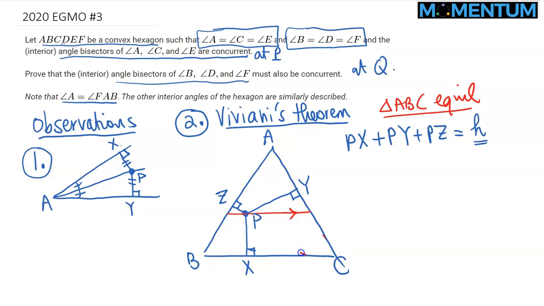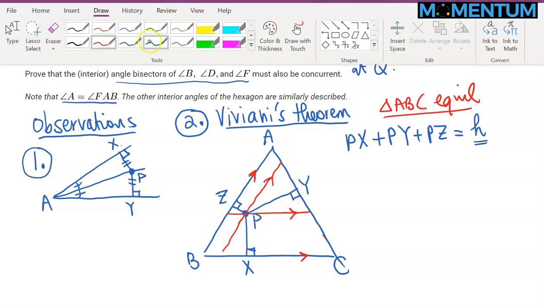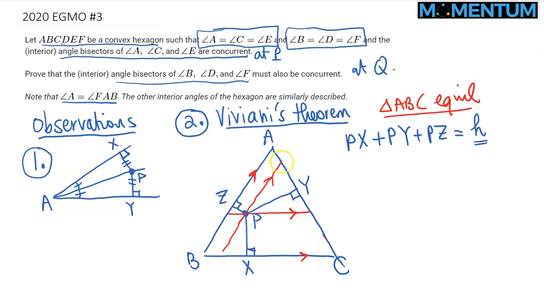Then I will draw another parallel line to AB this time. So this line through P is parallel to AB. There you go. Then it is clear that distance PY is the same thing as the following distance, starting from that vertex all the way down here.